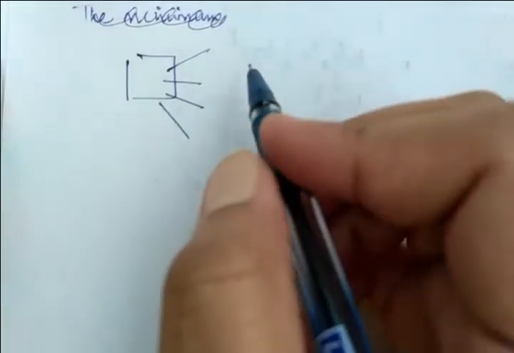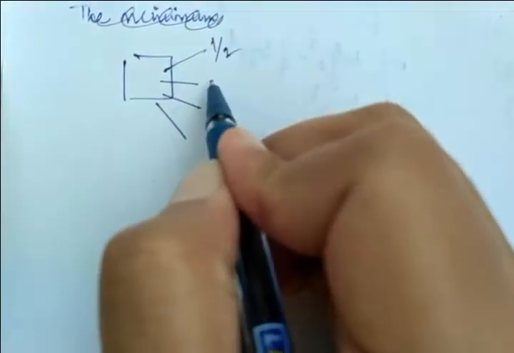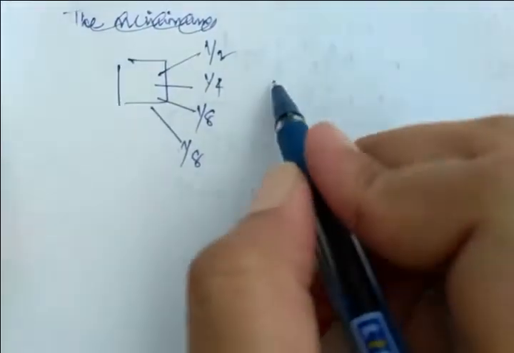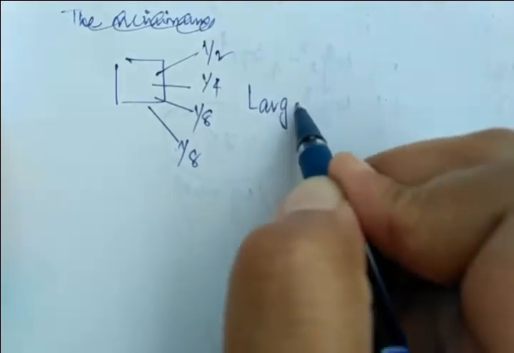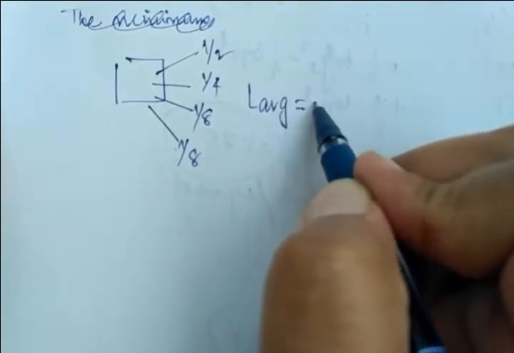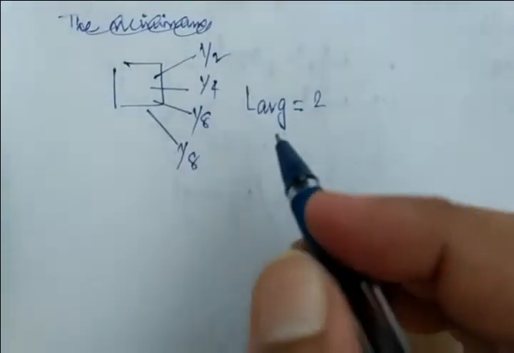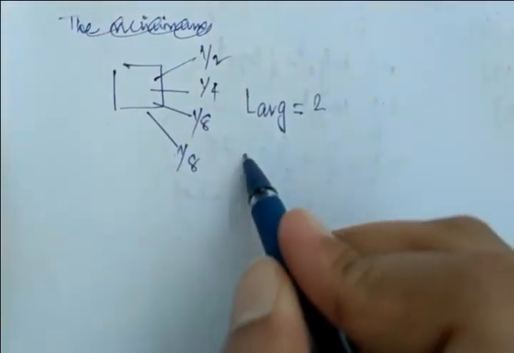Again I am writing over here. A source has 4 symbols, with probabilities half, 1/4, 1/8, 1/8, and the average code word length L average is 2 bits per symbol, and you have to calculate eta.